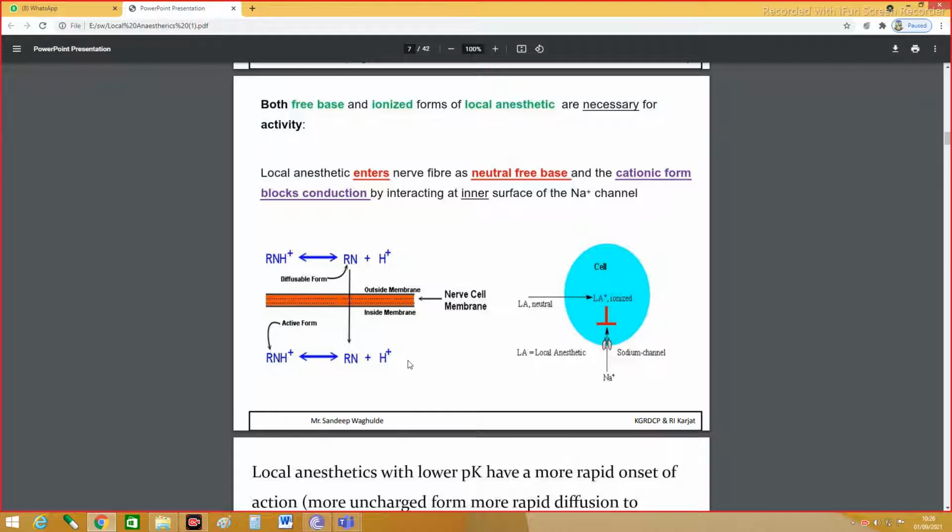So if we compare this diagram with the sodium channel, similarly the diffusible form of local anesthetics enters through the membrane, and as soon as it enters the cell, the ionized form of that local anesthetic can block the sodium channels. This is important for the activity of the free bases and the local anesthetics.